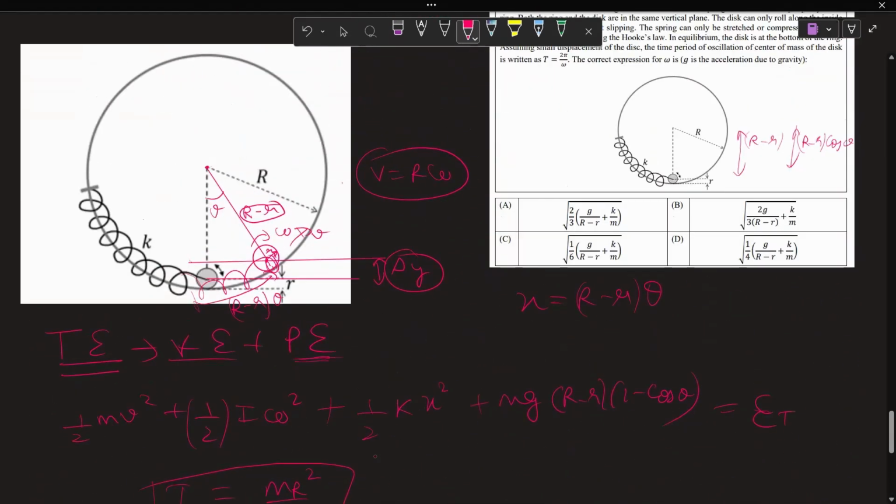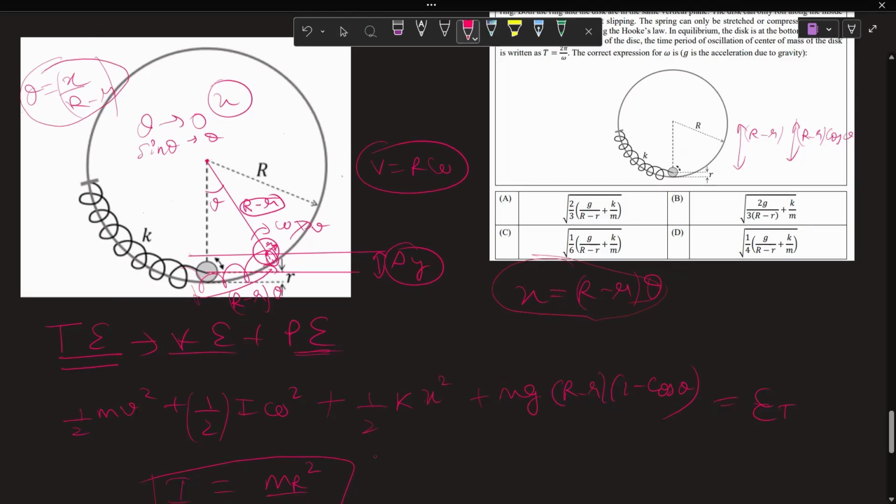Again, we are displacing it by a very small length x. So theta is tending to 0, but it is very small. So sine theta is tending to theta. And then we can say that sine theta is equal to theta is equal to x upon R minus r, right? We got the same expression.